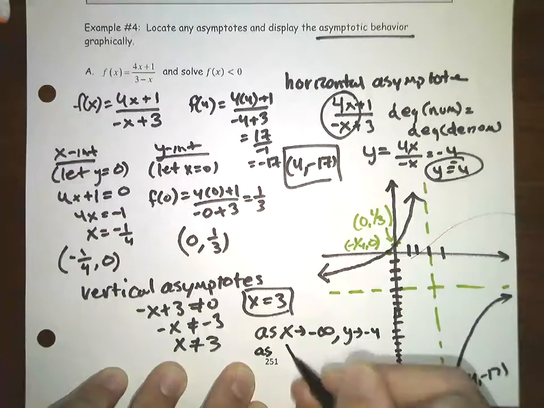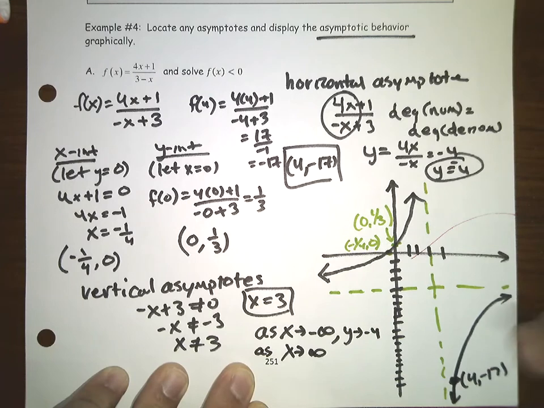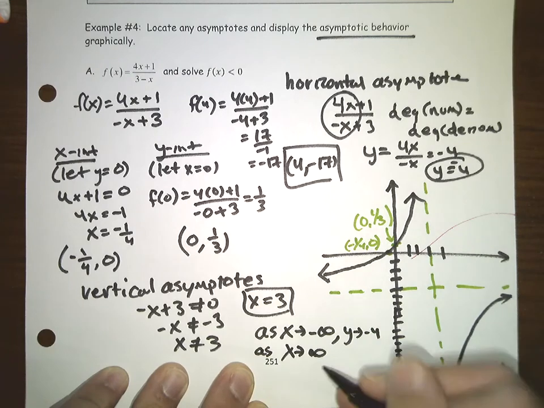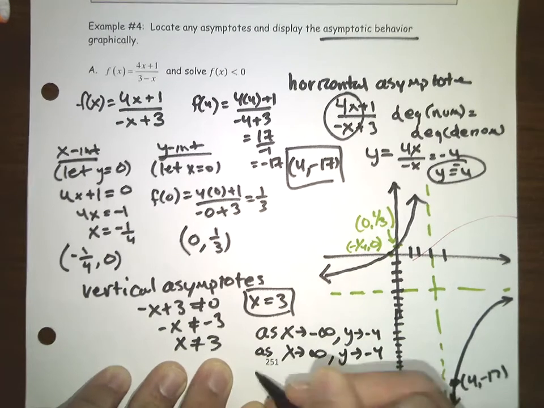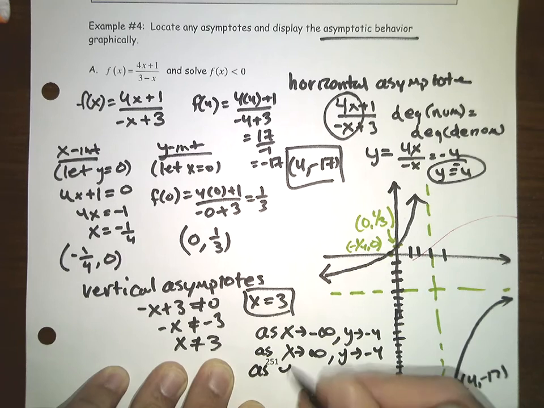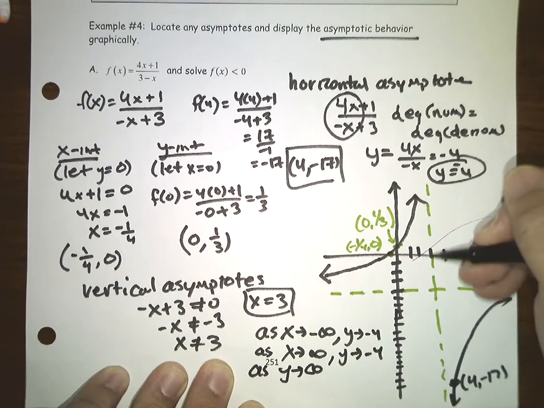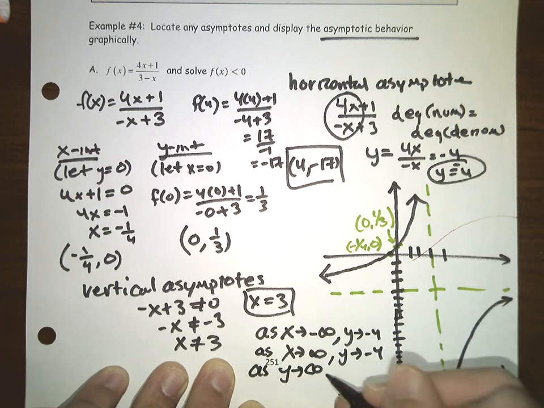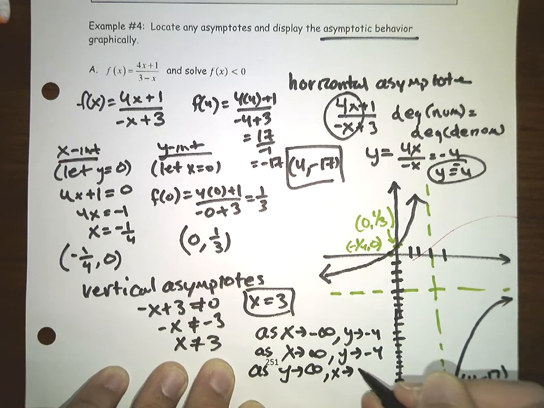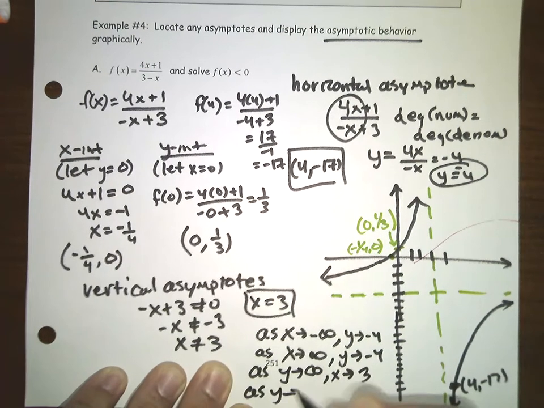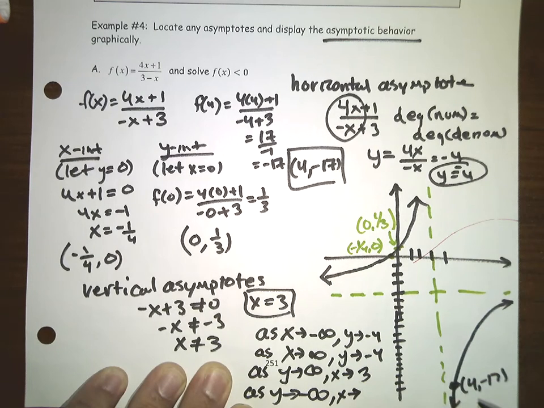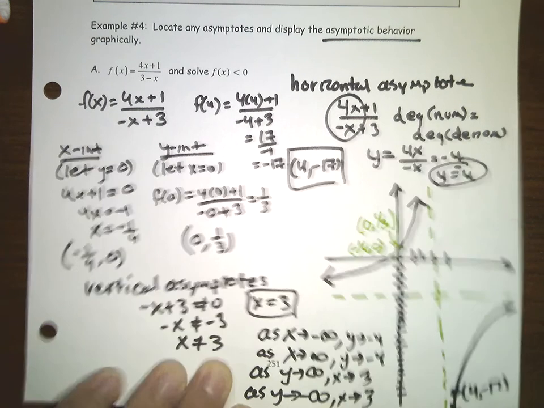Okay, as x goes to infinity, remember that y was still going to -4, and then as y goes to infinity, x was going to be close to 3, and as y goes to -infinity, x is going to 3 also, all right?